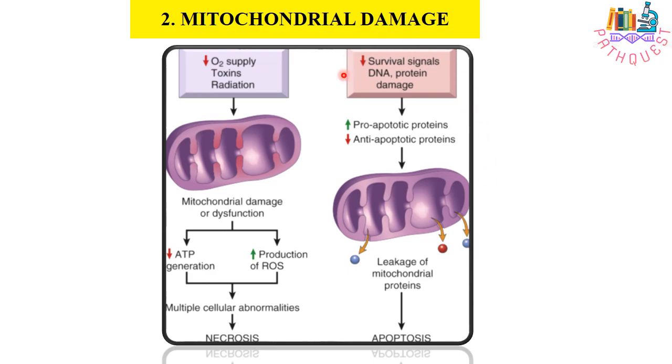So when the mitochondrial damage is caused by these mechanisms, it results in increased pro-apoptotic proteins which activate the apoptotic process, and there will be down-regulation of anti-apoptotic proteins. This will result in leakage of mitochondrial proteins and an organized type of cell death or apoptosis.